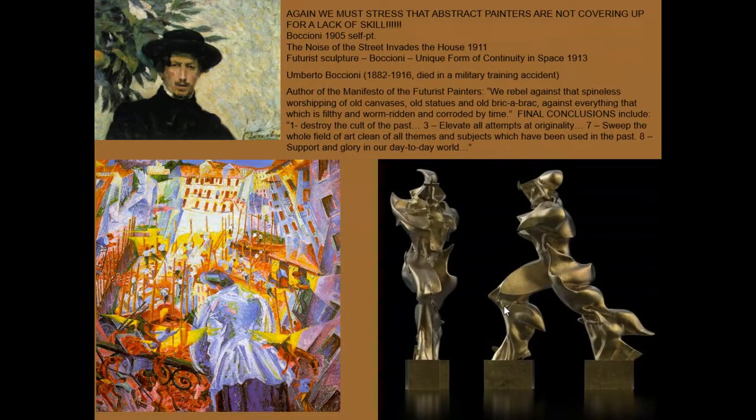They didn't want to make the art of the past. In fact, one of their conclusions in the Manifesto is to destroy the cult of worshiping past art. Number 3, I love this, elevate all attempts at originality, which is, if it's new, it's better than the old. They definitely wanted, number 8, to support and glory in the day-to-day world, to make the art of the world you're in. The image that you're seeing at the bottom right is a sculpture by Boccioni.